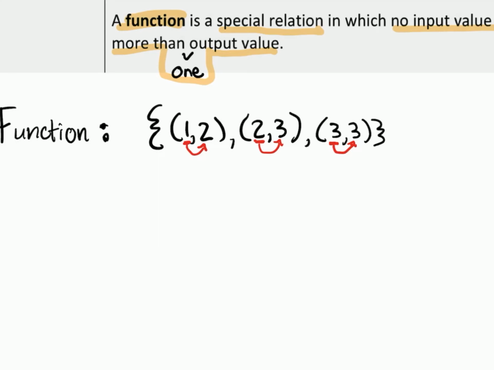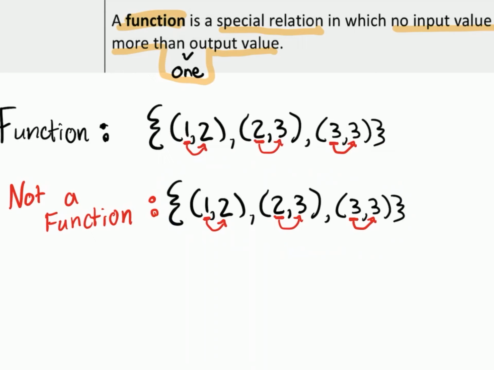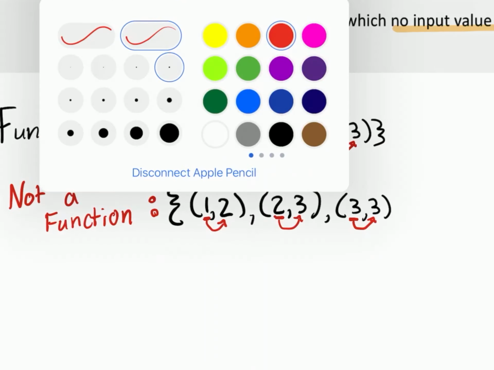That's still a function. Something that is not a function would be, for example, if I take this list of ordered pairs in my relation up above and I add a new ordered pair. Let's say I add 3, 5.